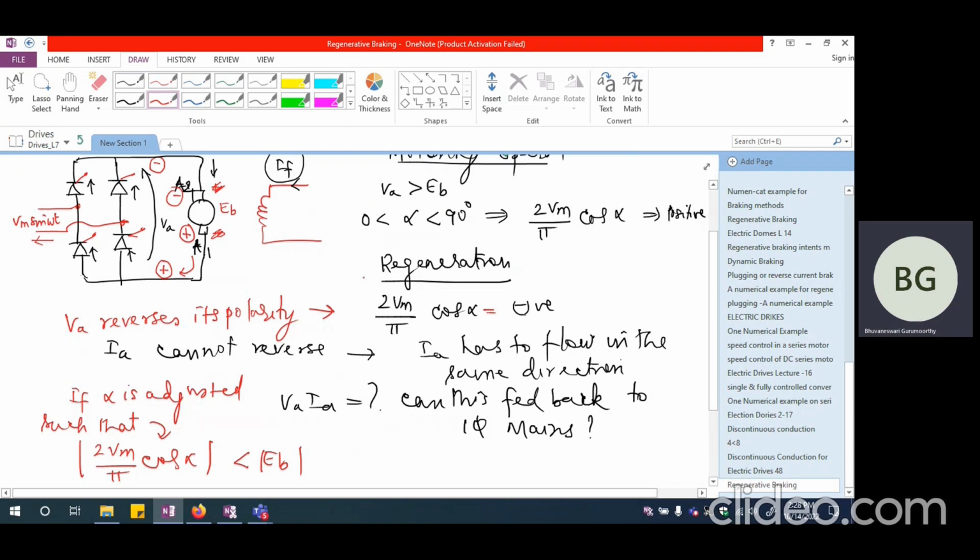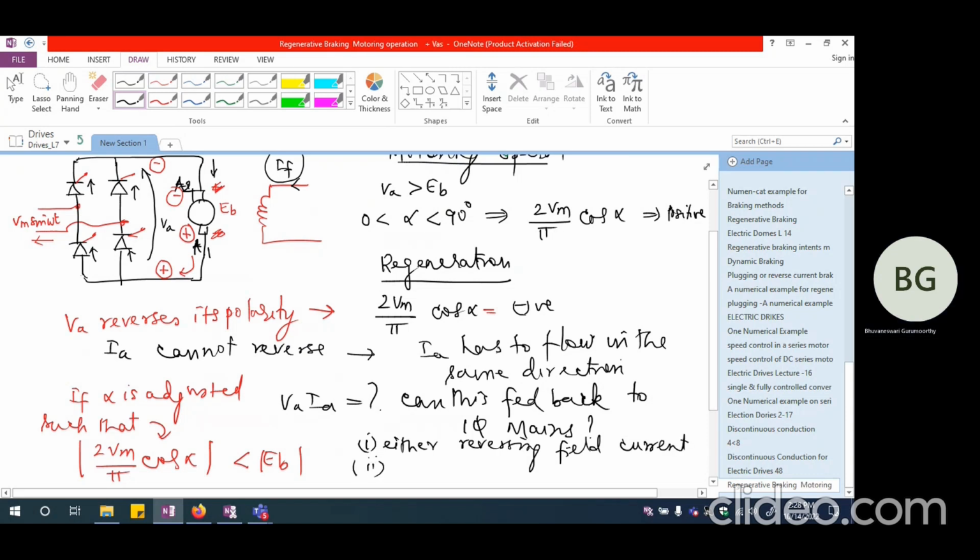So I can implement regeneration by either reversing field current or reversing the armature terminal.